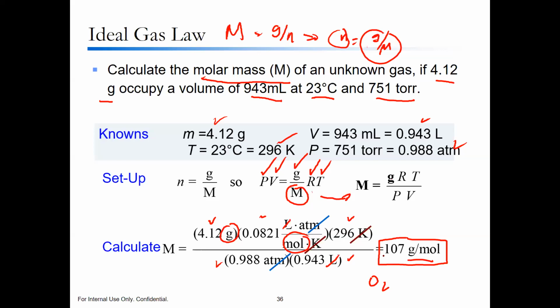How do we know it's no? Because what's the molar mass of oxygen? That's 16, but there's 2 of them, so 32 grams per mole, which does not equal 107.